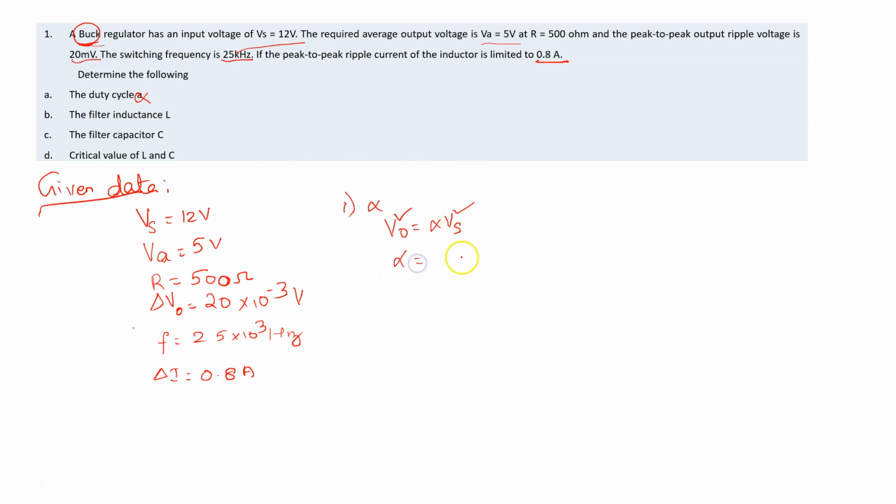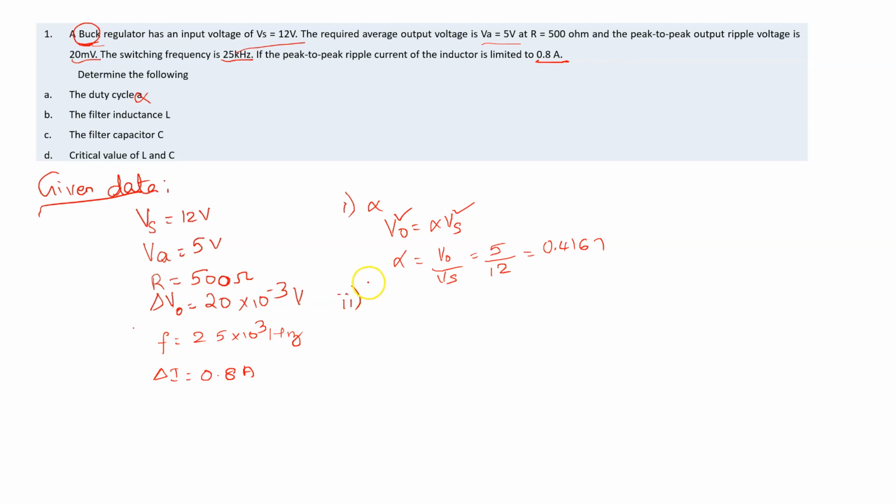So alpha equal to V naught by Vs. V naught output voltage is equal to 5, so 5 divided by 12. The value you will be getting is 0.4167. Next.